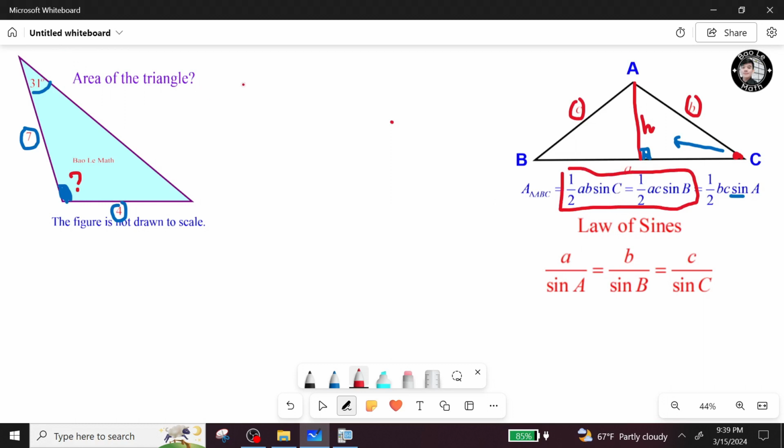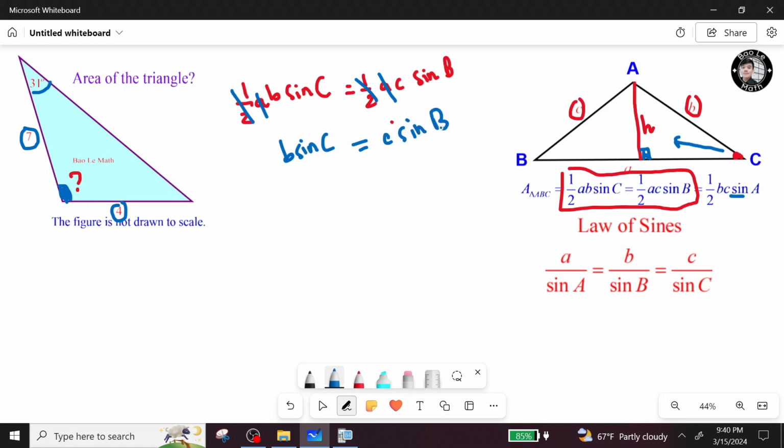So I have 1/2 a b sine C equals 1/2 a c sine B. Both sides have 1/2 and a, so I cancel them out. I end up with b sine C equals c sine B.